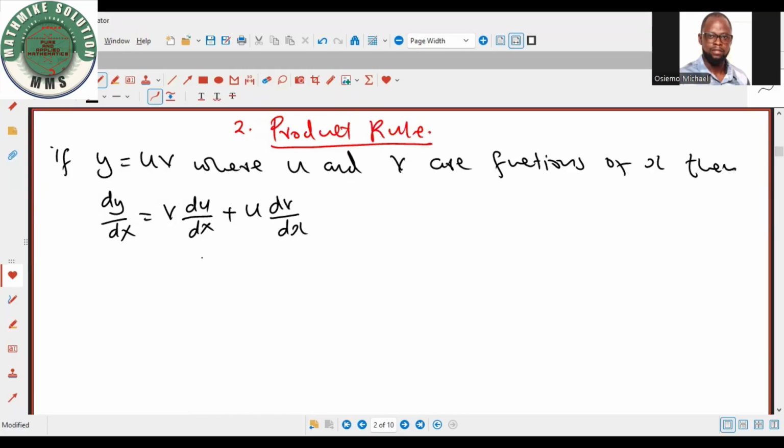Okay, so in some books you'll find that it has been written that y prime of x is equal to v u prime of x plus u v prime of x. So we say that the u prime simply means the derivative.